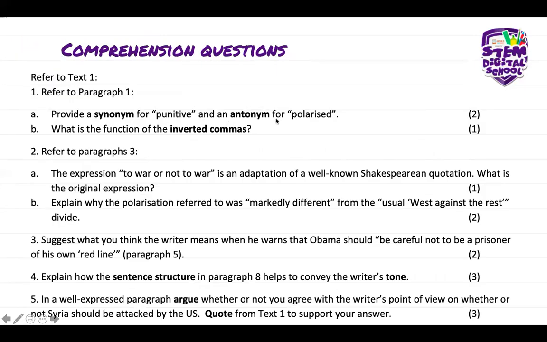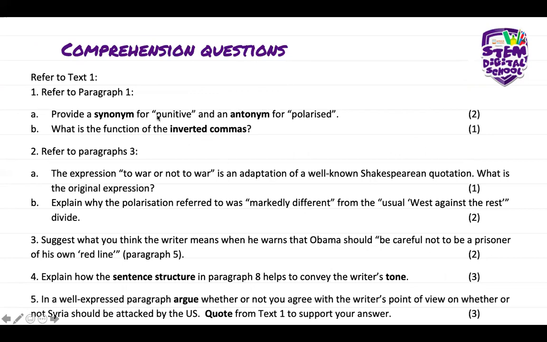And an antonym, remember, is a word of opposite meaning. The ant in antonym stands for anti, or against, which means the complete opposite of.